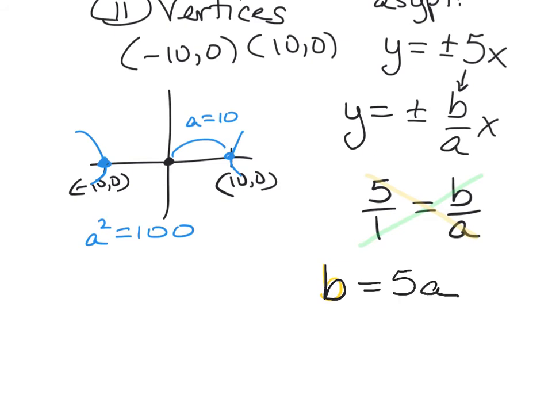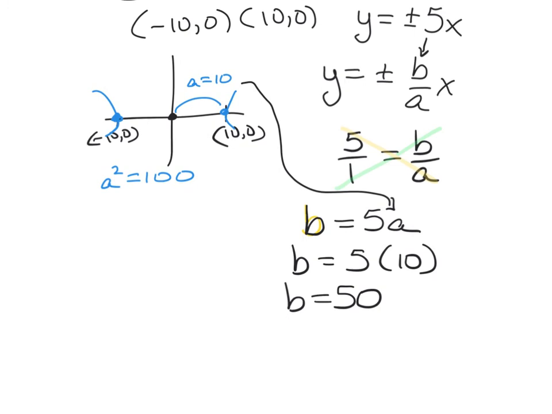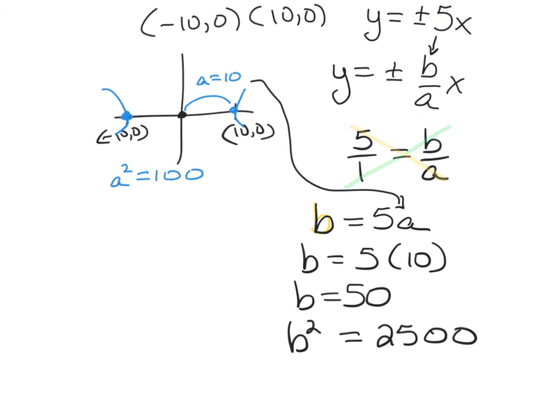I already know a equals 10, so b equals 5 times 10, so b equals 50. So b squared equals 2,500.